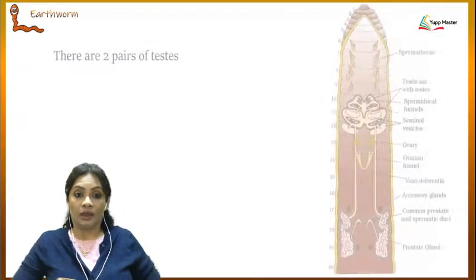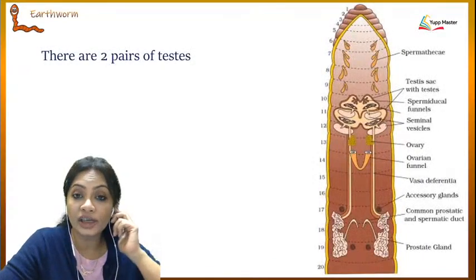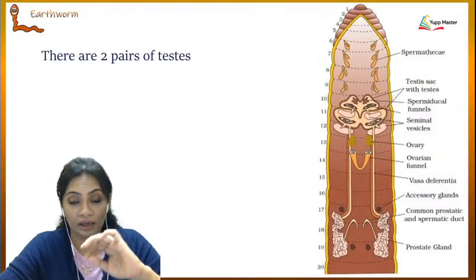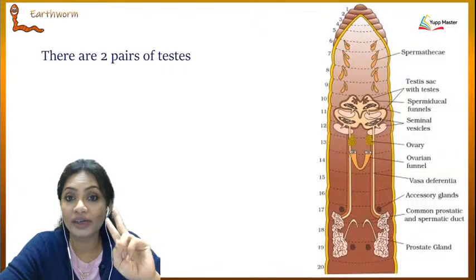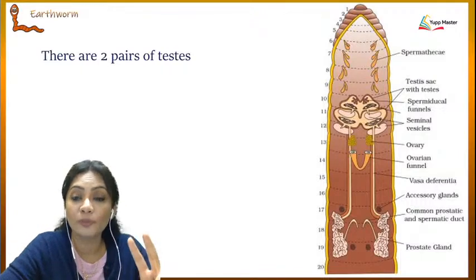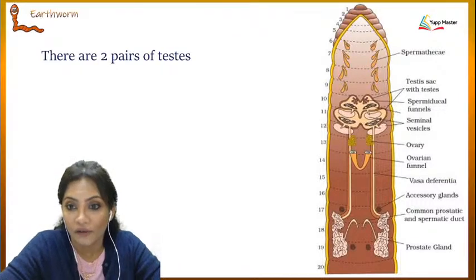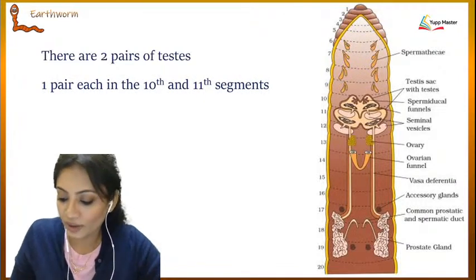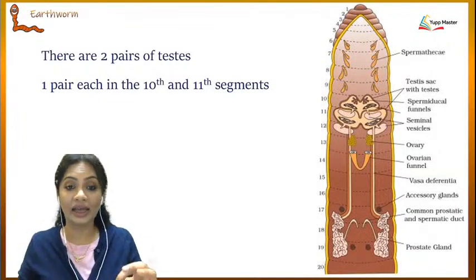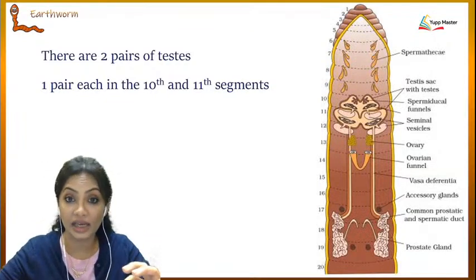Okay, now when we initially talk about the male reproductive system, we see that there are two pairs of testes. Okay, how many pairs? There are two pairs of testes. All right, so when we're talking about the two pairs of testes, look at where they are in this diagram. Can you see, this is exactly the same diagram as in our NCERT textbook, children.